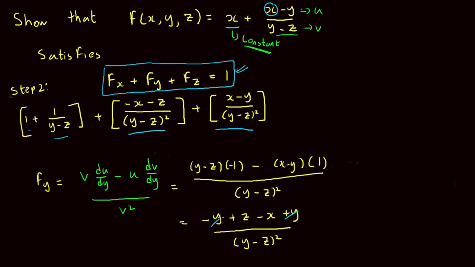So obviously we know that this cancels out, right? And therefore we should be getting z minus x over y minus z squared. So you see, my mistake actually was that. So let me just erase this real quick.